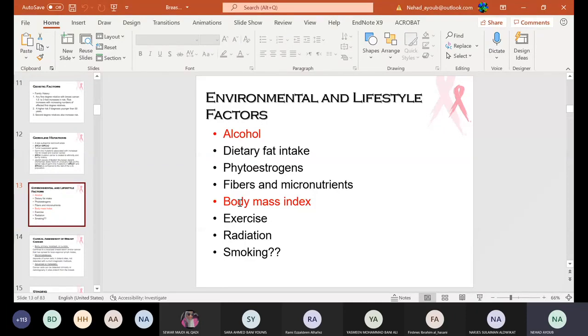Obesity is a very important factor that is usually underestimated in the population. So alcohol and obesity are very important. Generally speaking, increasing antioxidants and vegetables in the diet and decreasing fat is always good. Exercise is good. Decreasing exposure to radiation is very important.